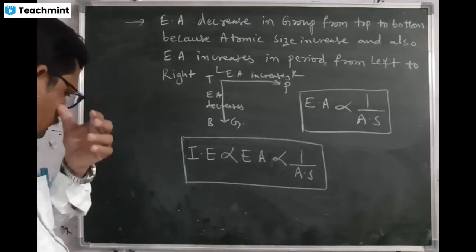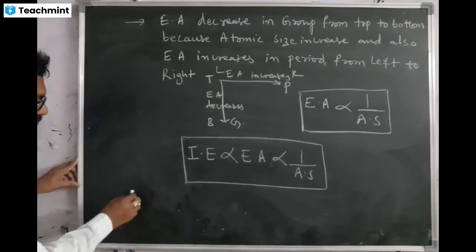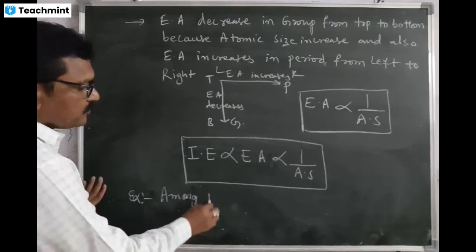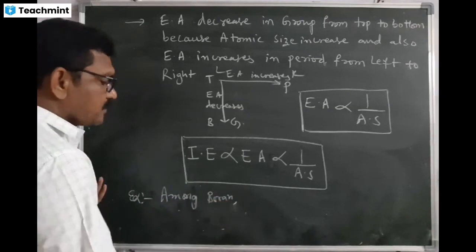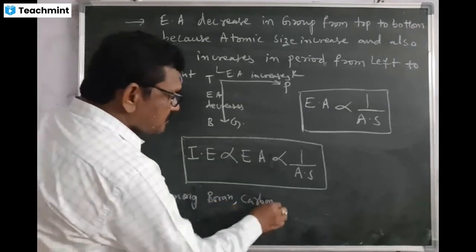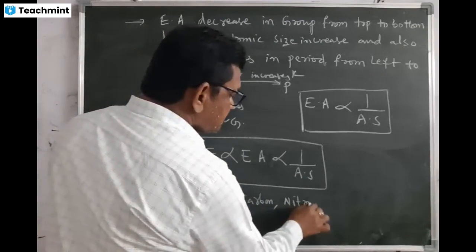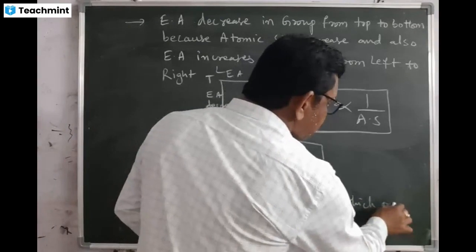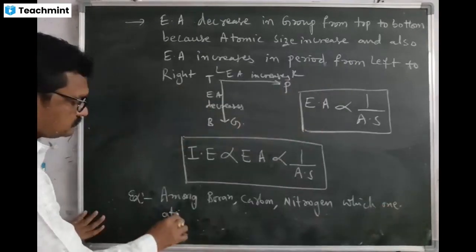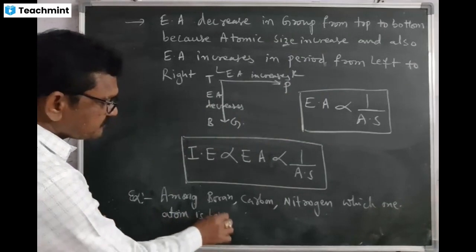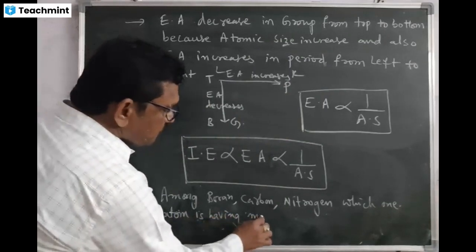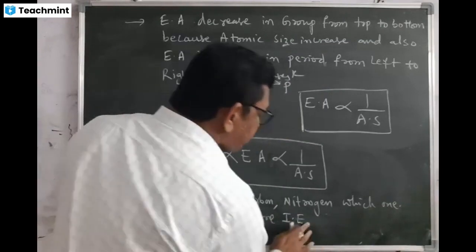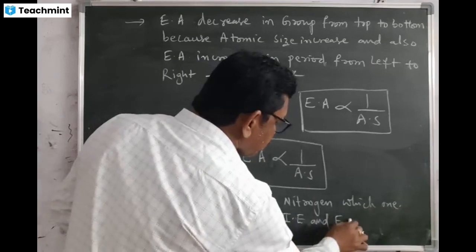Okay. I give you one question. Among boron, carbon, nitrogen, which one atom is having more ionization energy and electron affinity?